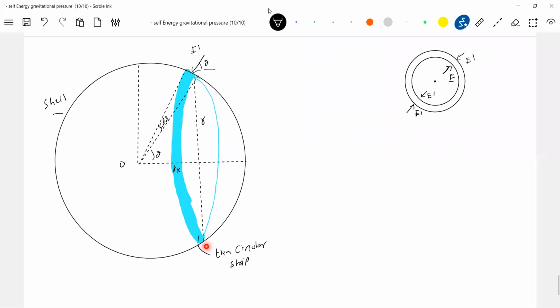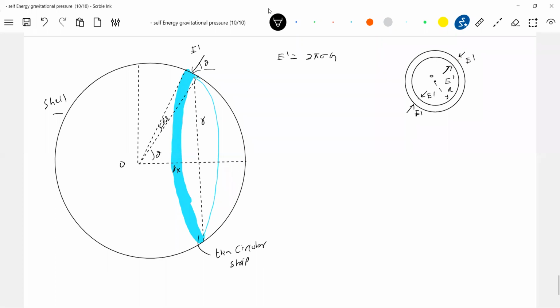Here also it should come. So I'm just showing that. What is E dash? First, the value of E dash, 2 pi sigma into G. What is the net field? 4 pi sigma G. So E dash is what will produce this particular element.